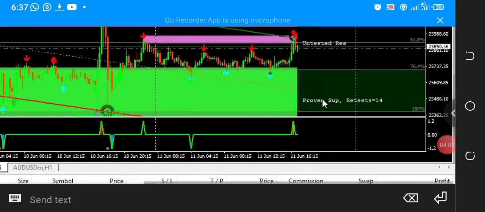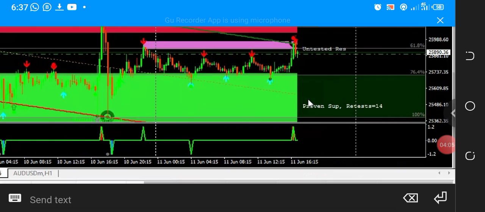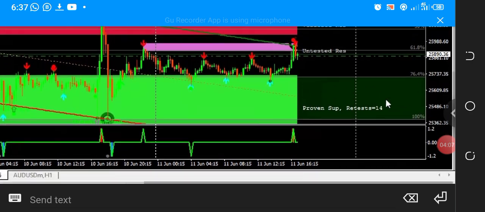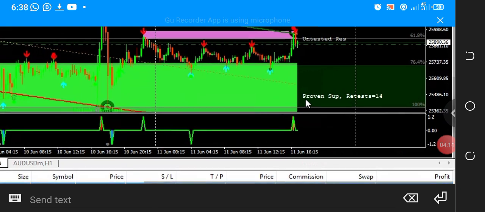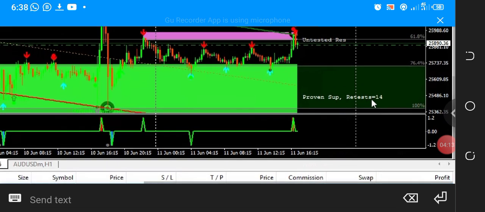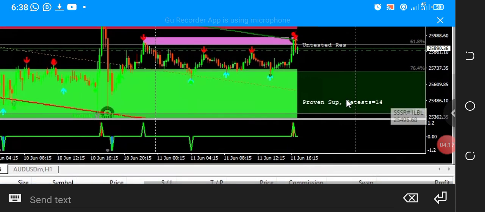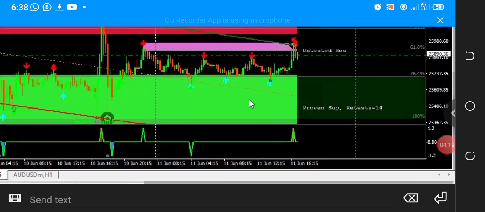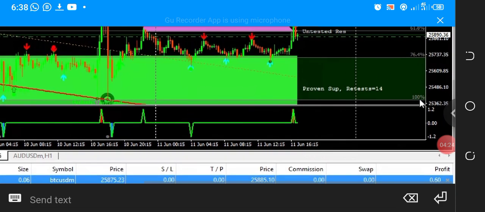This is a buying signal. Whenever price comes into this green bar here, you will always see proven support or verified support here, and you see the number of times that area has been retested, for buying. Then you will see this green stuff here as well. But the most important thing, the first thing first, is make sure it is at 100.